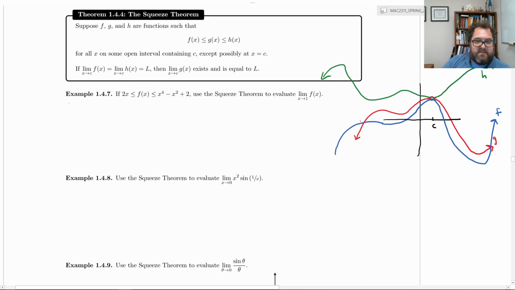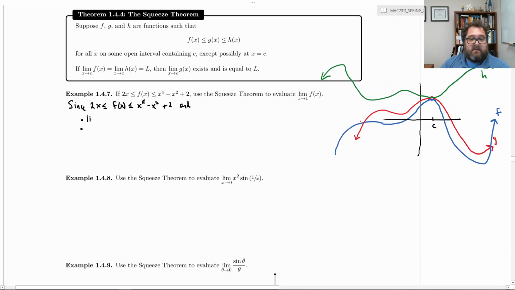So we can say since 2x is less than or equal to f of x is less than or equal to x to the fourth minus x squared plus 2. And what else is true? Well, what do we need to show? And let's take a look at a bullet list.